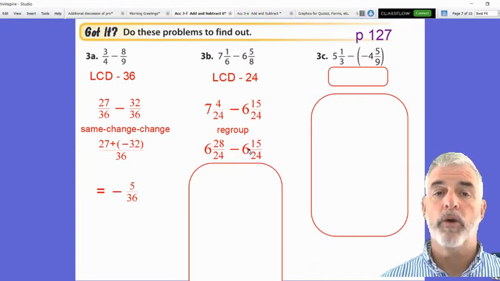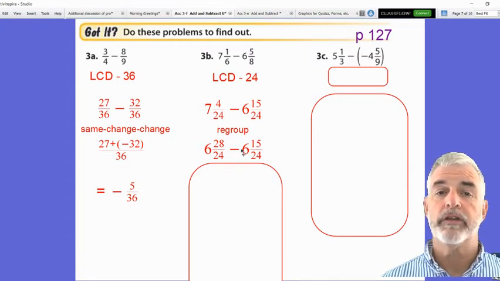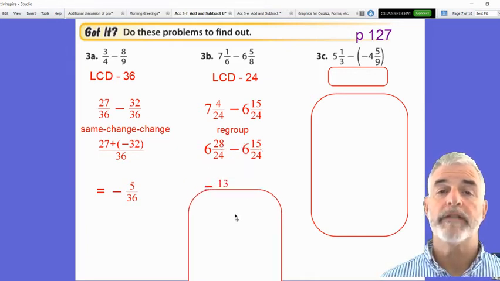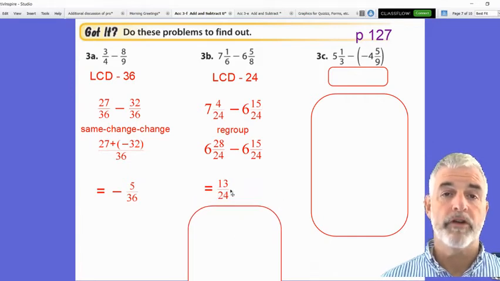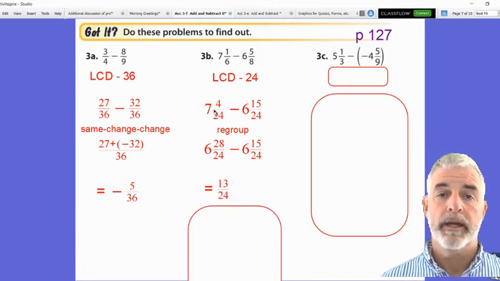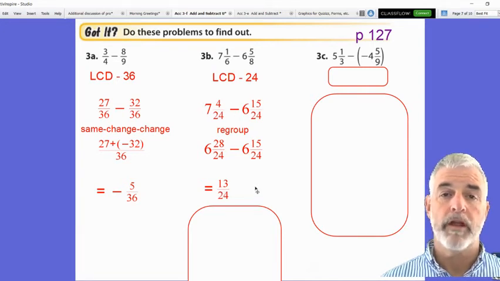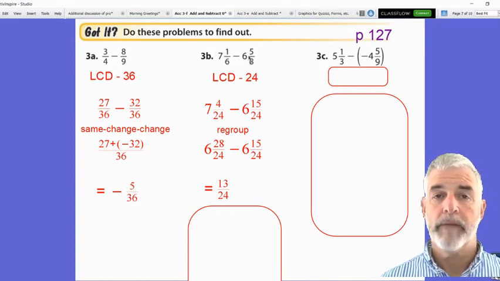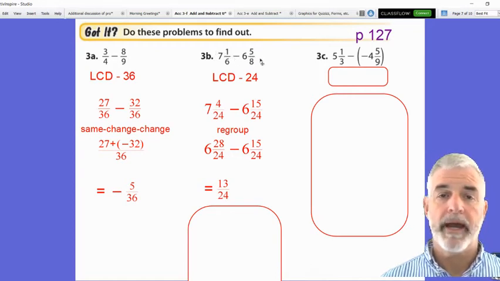Now I can subtract the whole numbers. 6 minus 6 is 0, so there is no whole number. And 28 minus 15 is 13. So my answer is 13/24, and it was a regular subtraction, so the answer is positive, 13/24. 7 minus 6.5, about a half.